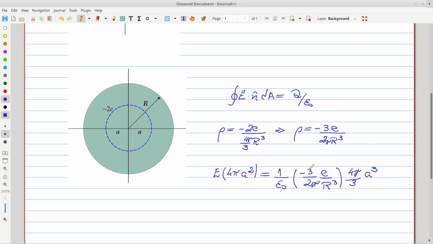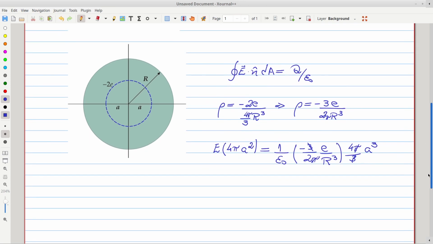So here we can simplify something and compute the magnitude of the electric field. You can simplify here also, and of course here.